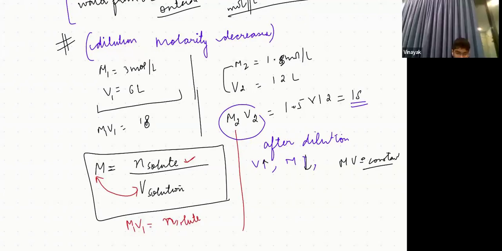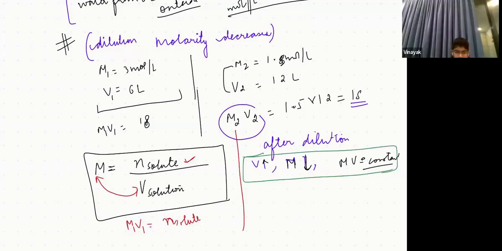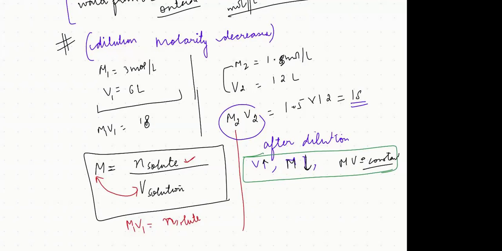That is the concept. So V shall increase, M shall decrease, MV shall remain constant.